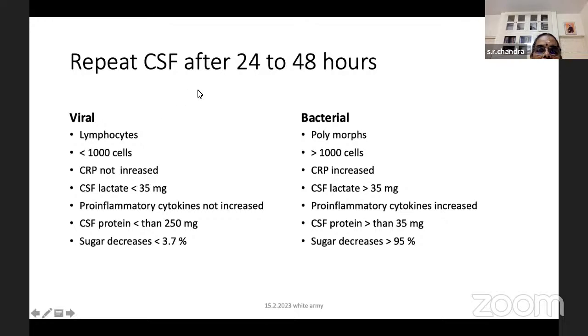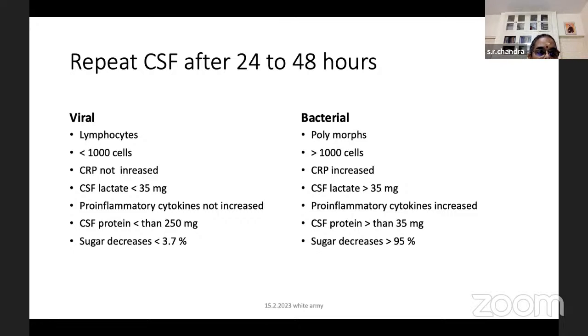Now, repeat CSF was ordered by the postgraduate in our case number 1, which I had discussed. So what happens in viral and bacterial meningitis when you repeat the cerebrospinal fluid? In viral meningitis, lymphocytes are dominant. When you repeat, as an acute phase reactant, polymorphs may be high, but after some time it becomes lymphocytic.